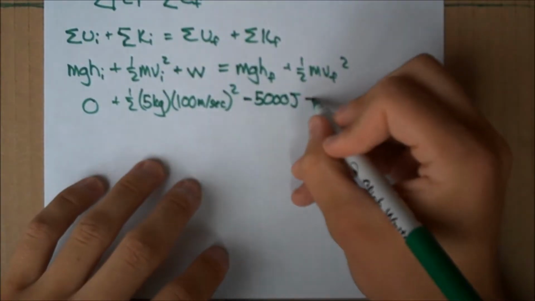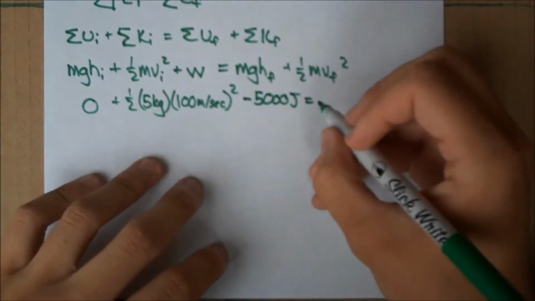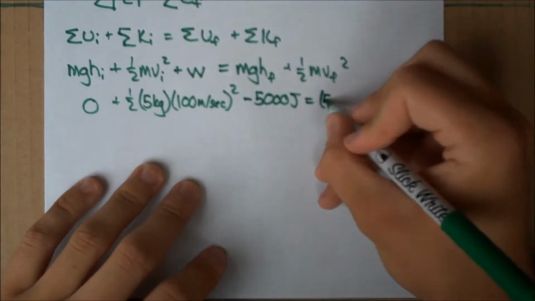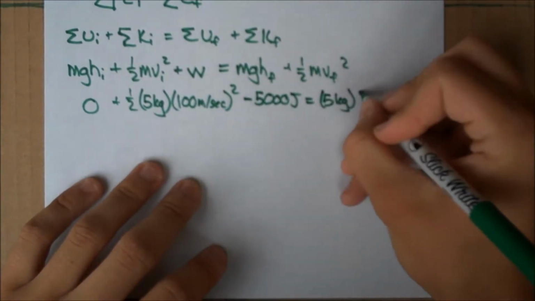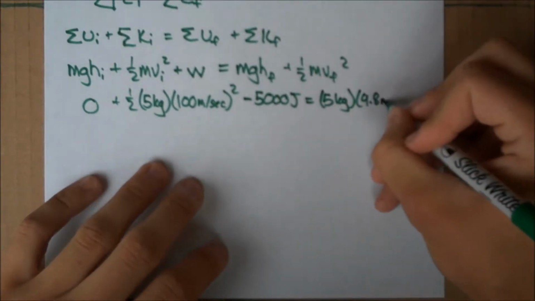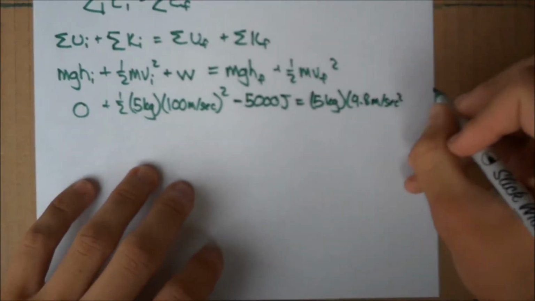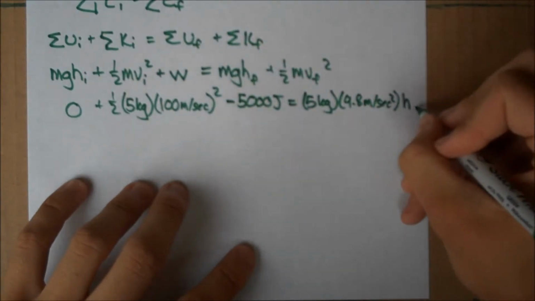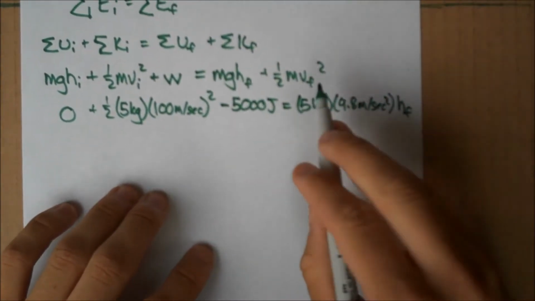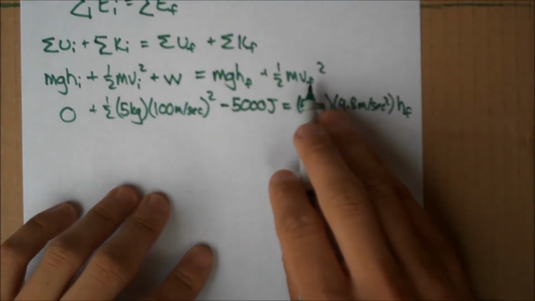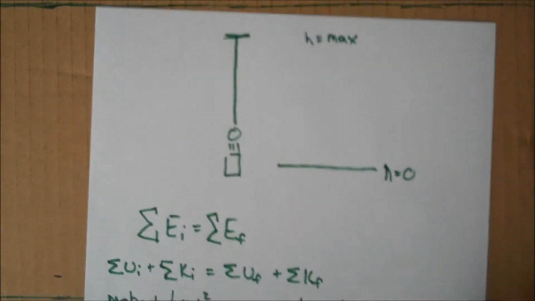On the other side, our potential energy will be the mass, 5 kilograms, times gravity, 9.8 meters per second squared, times the final height, which we are trying to solve for. Kinetic energy will be 0 because the velocity at the top will be 0.